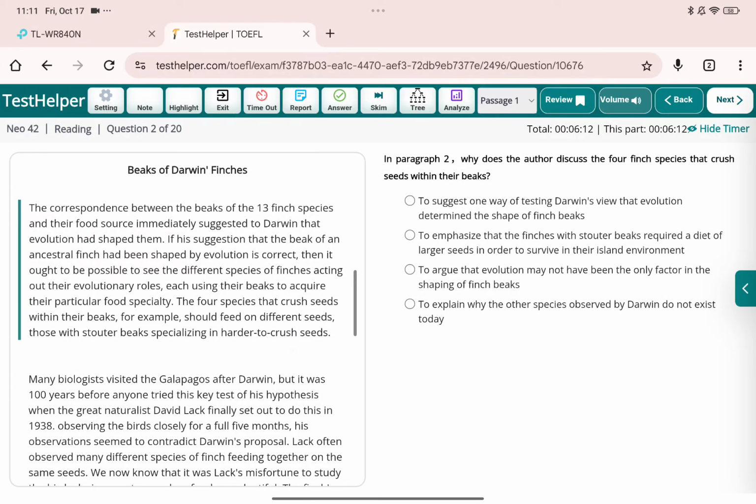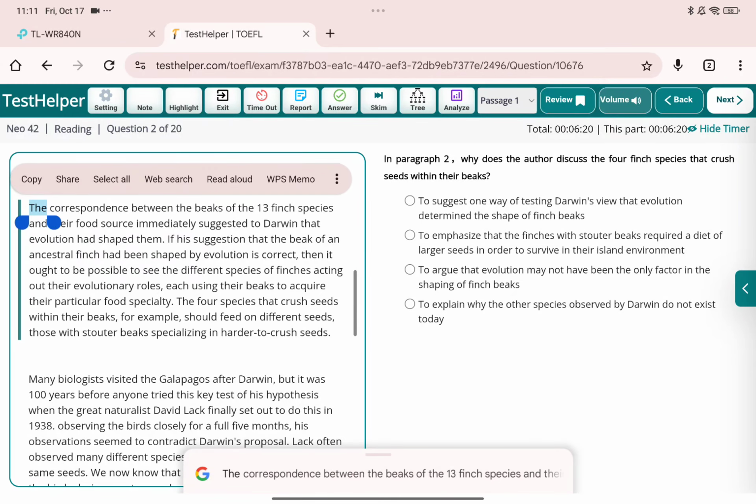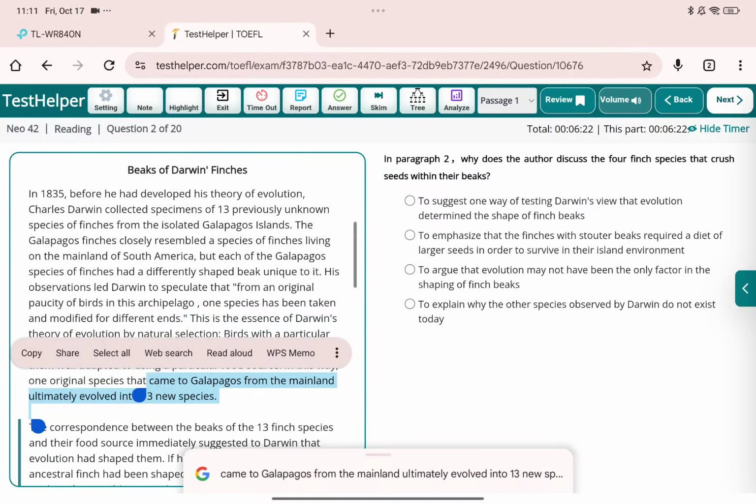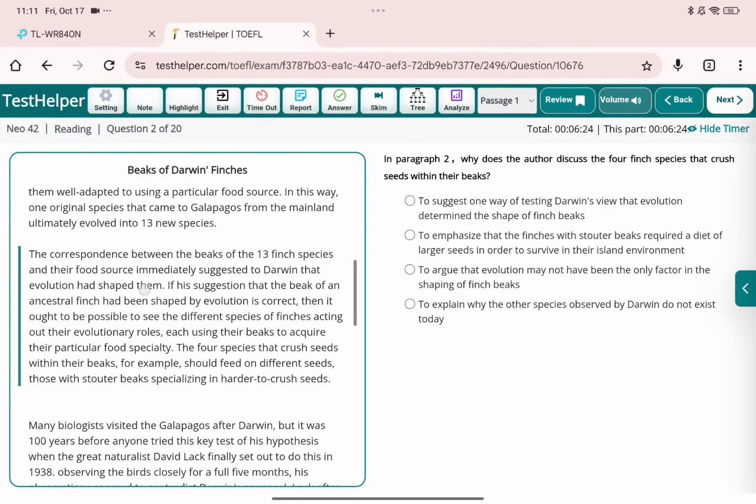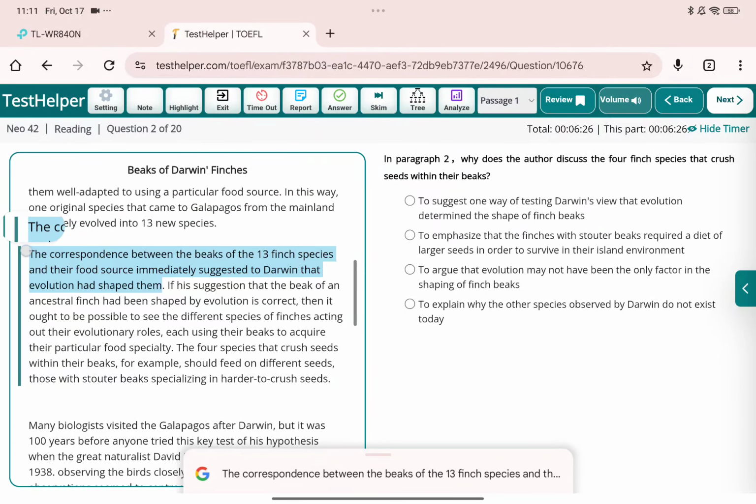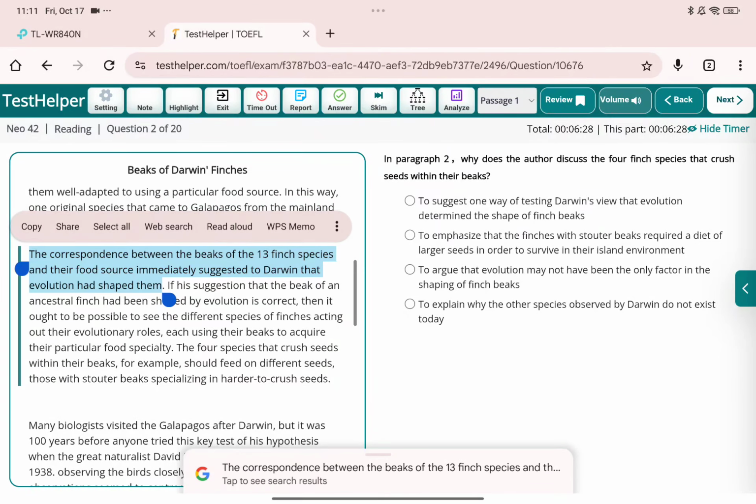So I want to break down every single statement of the paragraph. Let's go to the very first one. Here we have: the correspondence between the beaks of the 13 finch species and their food source immediately suggested to Darwin that evolution had shaped them.